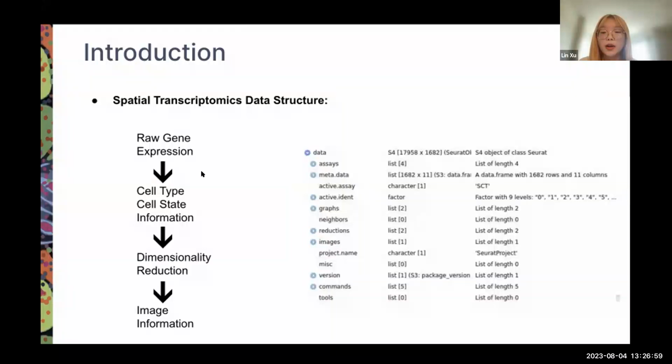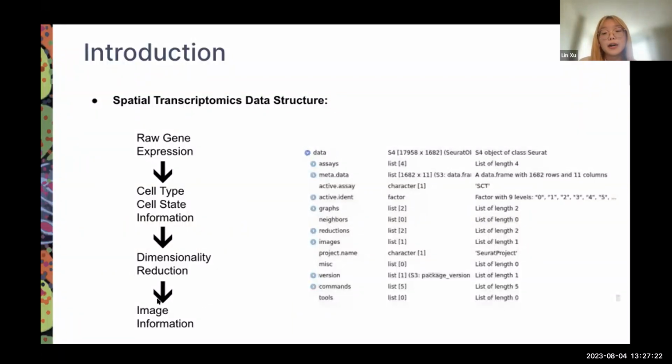And after we have those two data available, we will apply a dimensionality reduction technique to transform the high dimensional gene expression data to a low dimensional space. And we often use PCA and UMAP to do this. And those results will be stored in the reduction component.